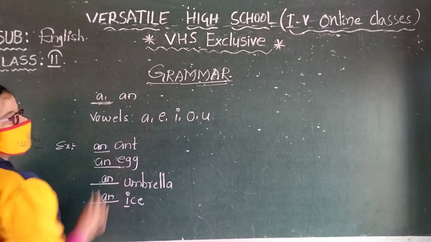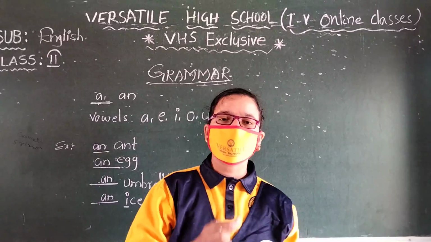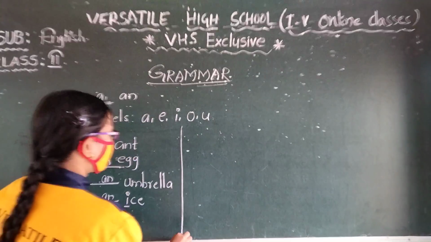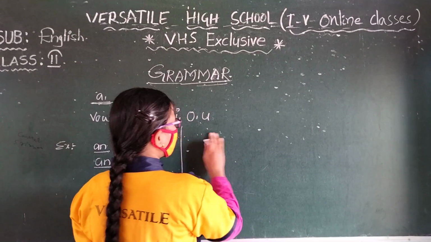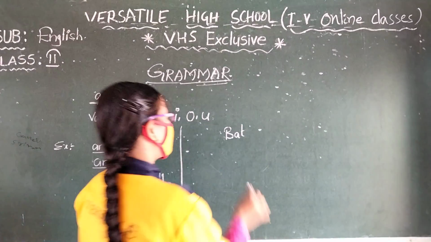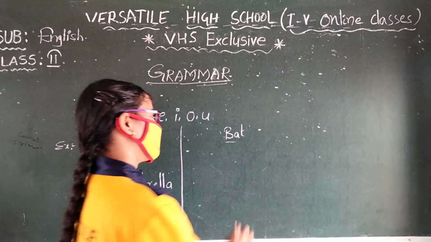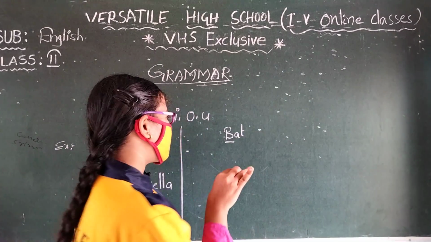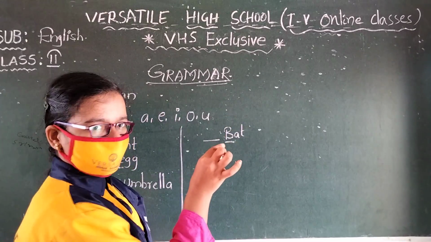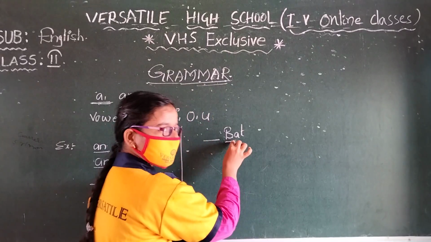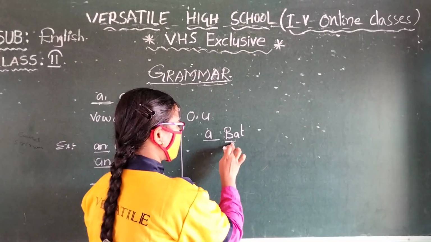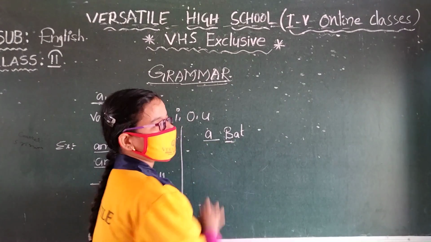Once again, look here. B-A-T, bat. This is a consonant. These words start with a consonant, so before this consonant sound we use a.